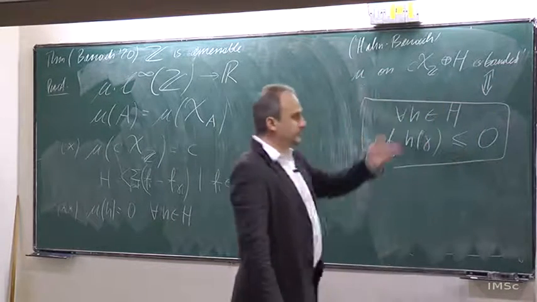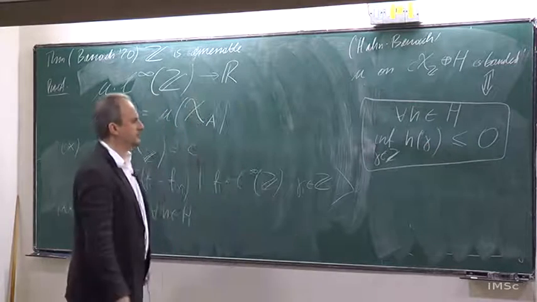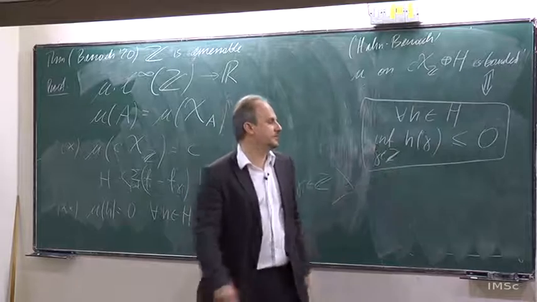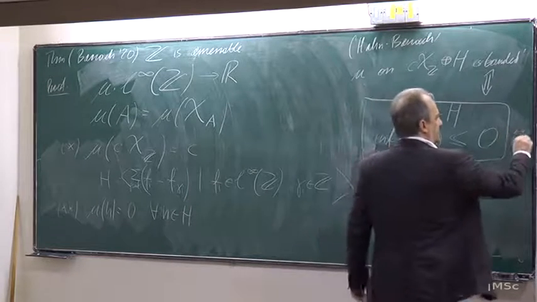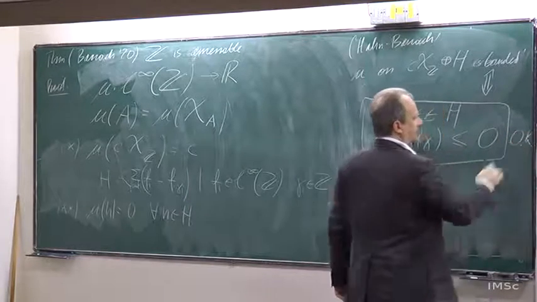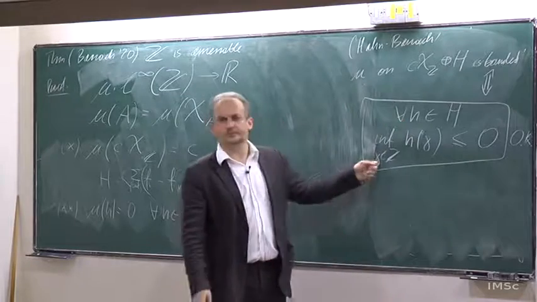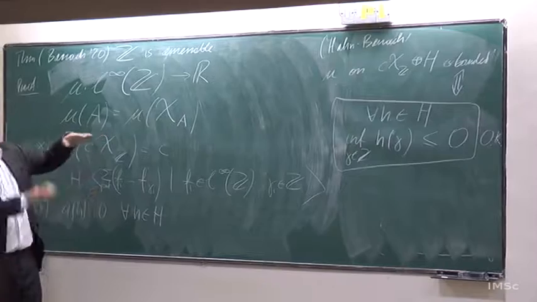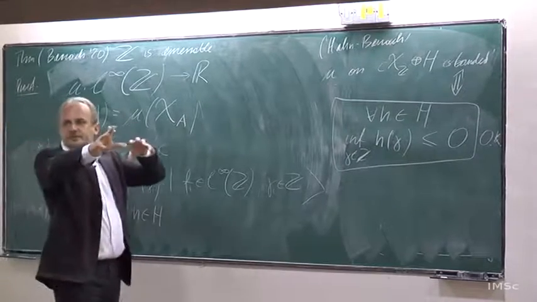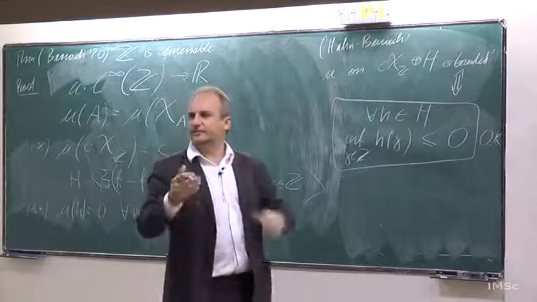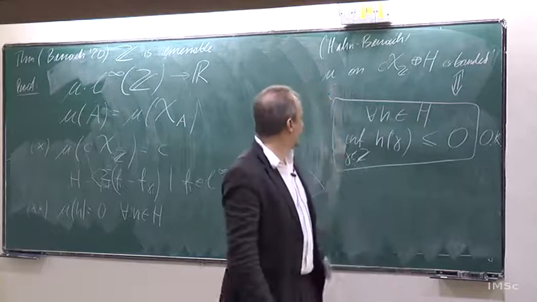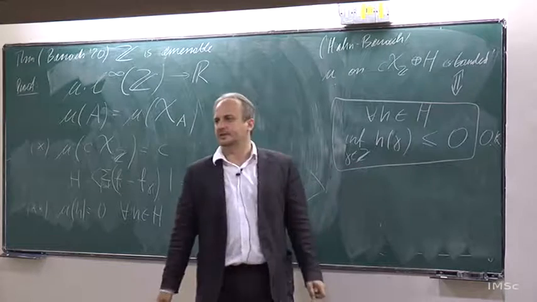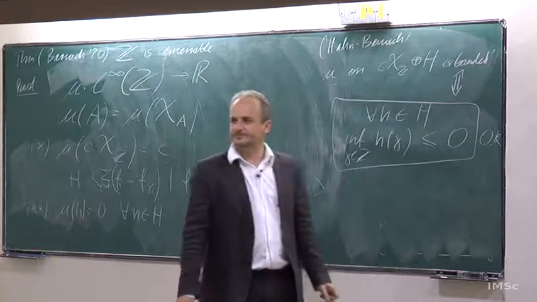And one can do it really using paradoxical decomposition. However, proving this for Z is easy, and I also leave it as an easy exercise for you. If you have integers, you have a bounded function, you take its translation, you take the difference, and even if you take the finite sum, the infimum of such a function cannot be strictly positive.